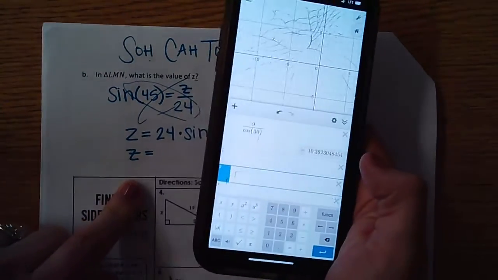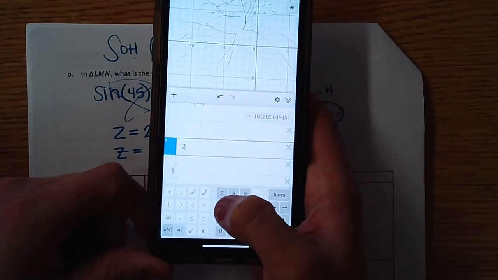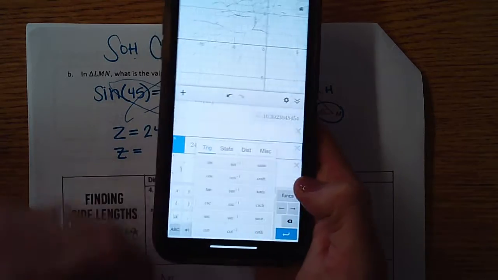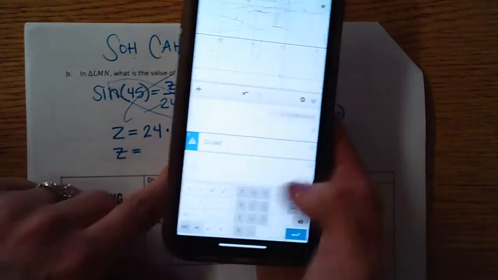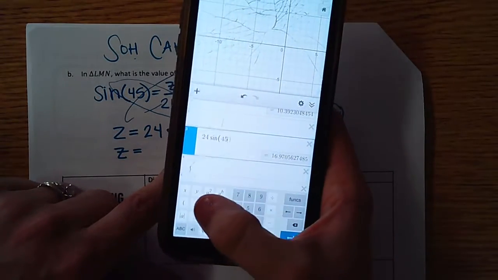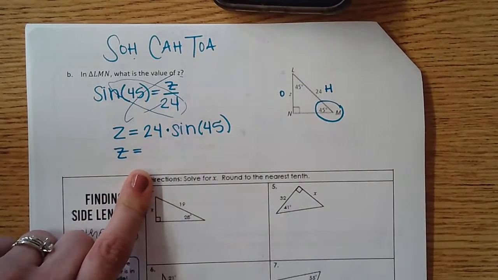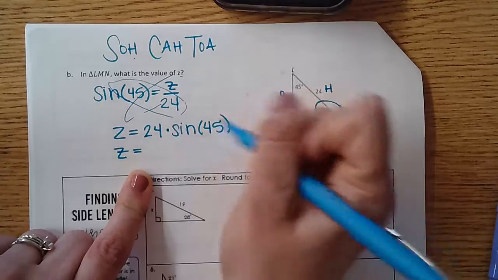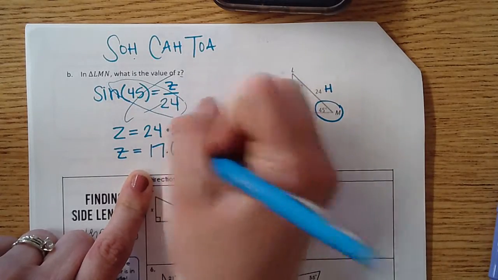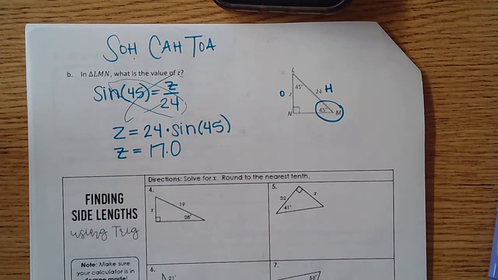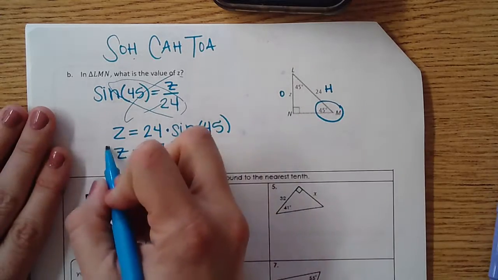It's already set in the right mode, so I shouldn't have any issues. 24 function sine 45 degrees. That is equal to 16.97, so 17.0. And there's our final answer.